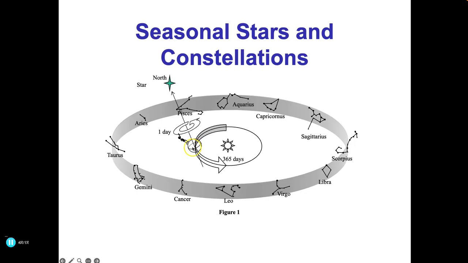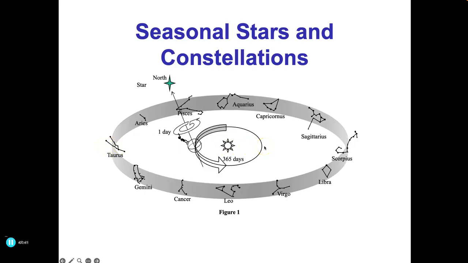So right now, when the Earth is right there, if the sun is in front of the stars of Scorpius, then the sun is inside the constellation Scorpius. Six months later, when the Earth is over here, the sun hasn't moved, the stars haven't moved, but now the Earth is on this side of its orbit, and that means that from the Earth's point of view, the sun will be in the constellation Taurus.